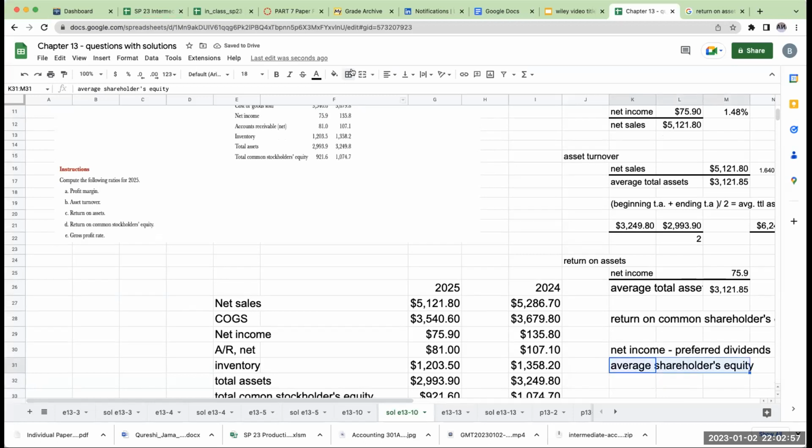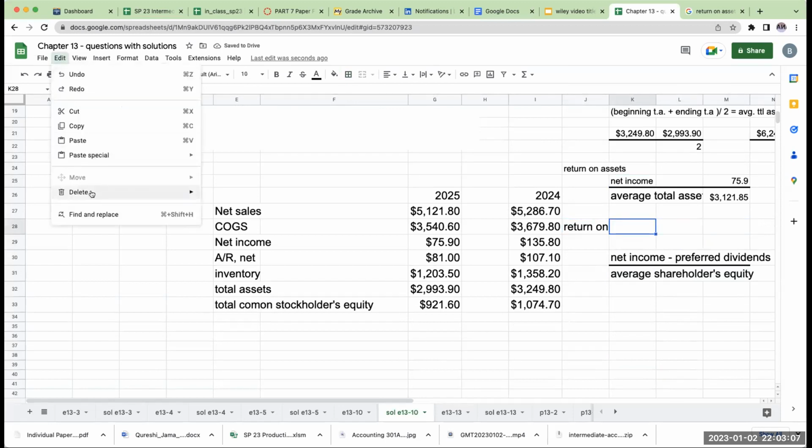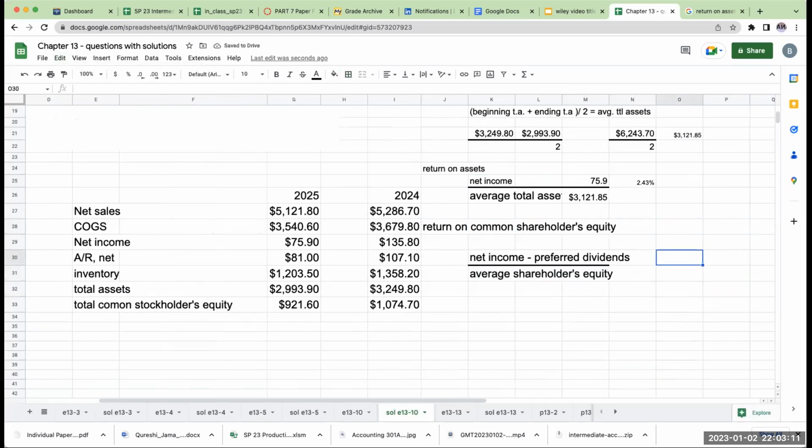So over here, we do not have any preferred dividends for this question. This is not going to be a ratio that if you're taking my class, I will have you use. Okay. So my net income, 75.9. My preferred dividends are 0.